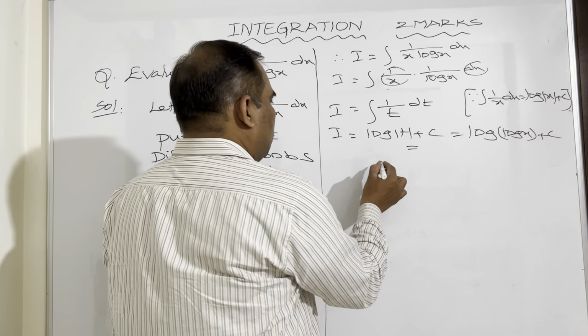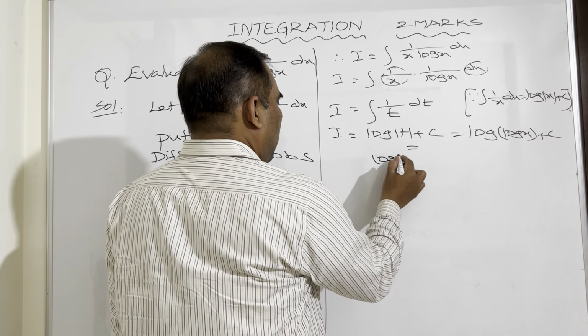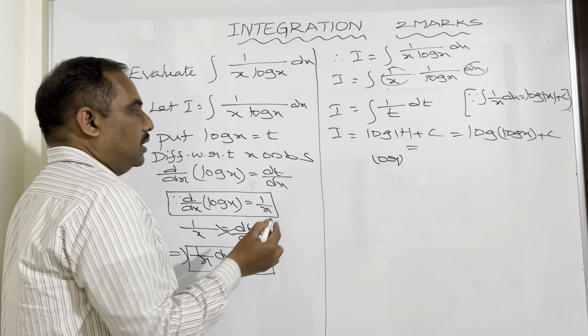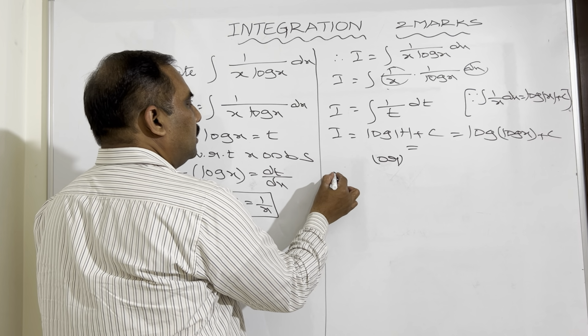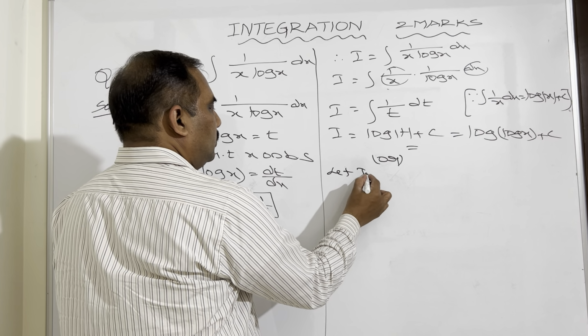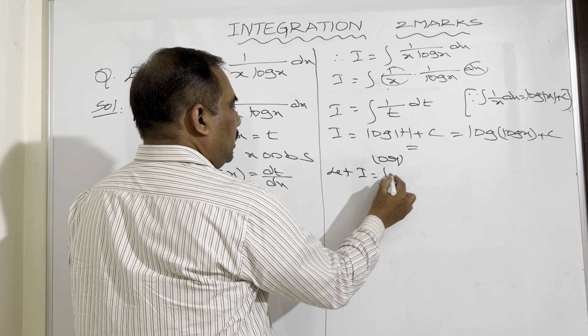Simply we can solve this problem by another method. What is given here? Let I is equal to integral 1 by x into log x dx. We can write it as integral 1 by x by log x.